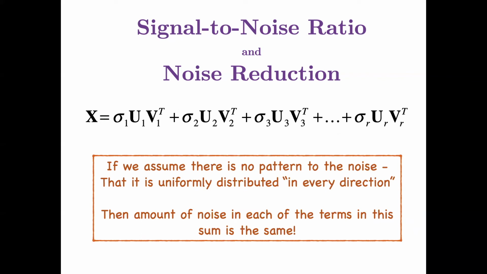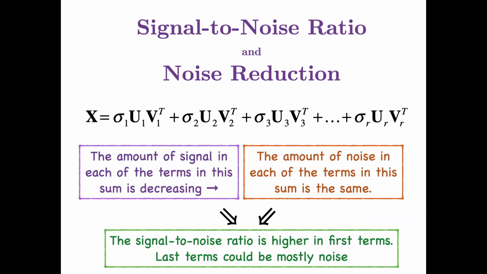Then what we're saying is the amount of noise in each of these terms is the same. So putting that all together, it means that the amount of signal in each of the terms is decreasing. The amount of noise in each of the terms is the same. And so the signal to noise ratio is higher in the first terms. And the last terms could be mostly noise.